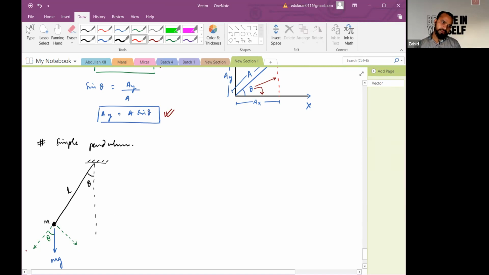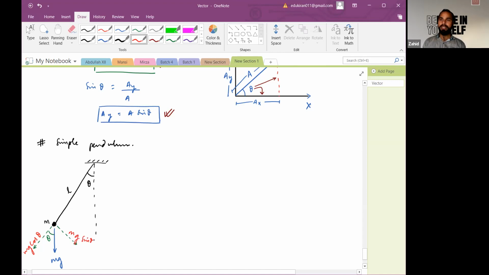Similarly, you will get mg times cos theta as this adjacent component. To get the perpendicular, find it by using sin theta. So it will be mg times sin theta as the perpendicular component.